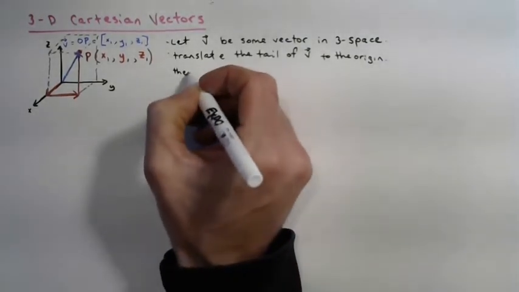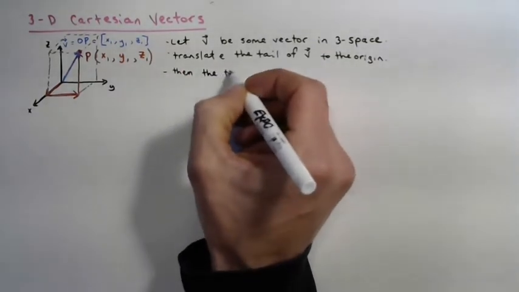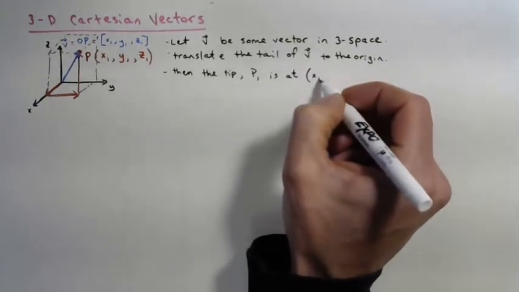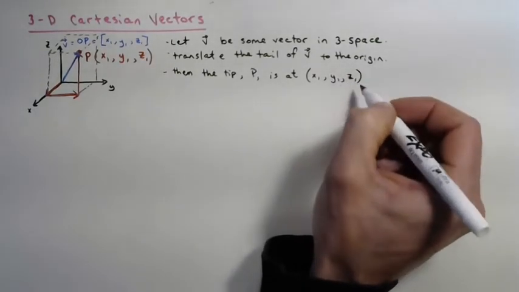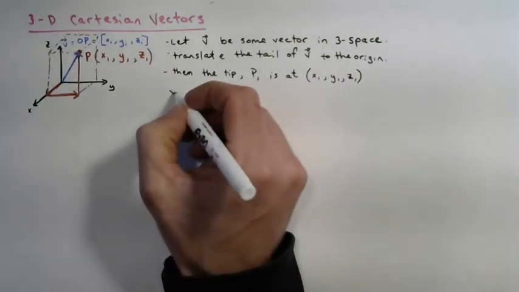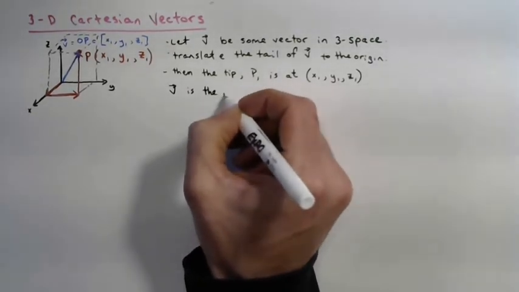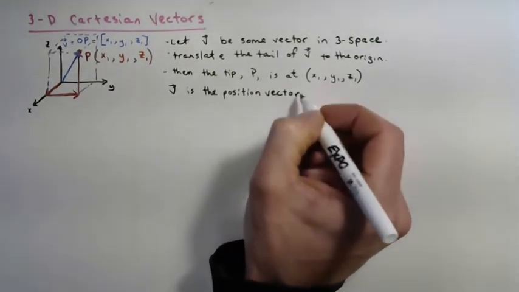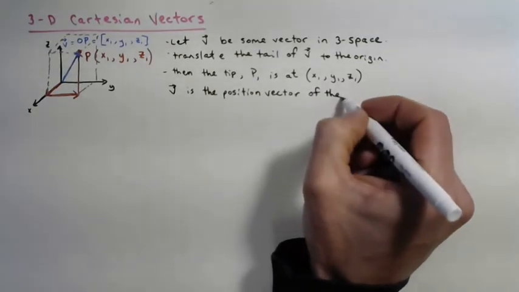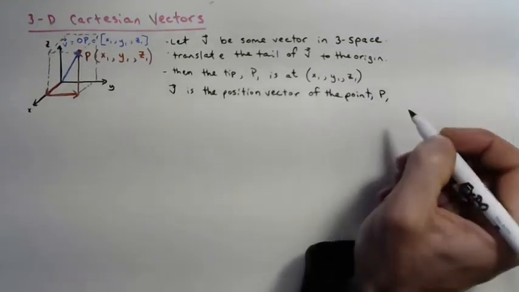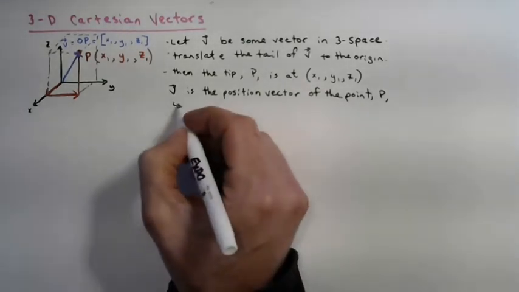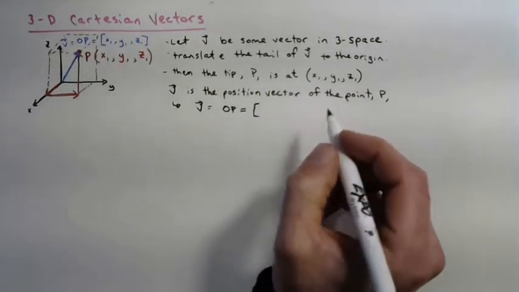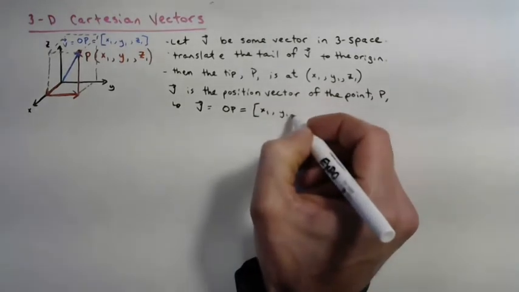Then the tip P is at (x1, y1, z1), and v is the position vector of the point P. The vector v equals line segment OP in 3 space, which is the vector [x1, y1, z1].